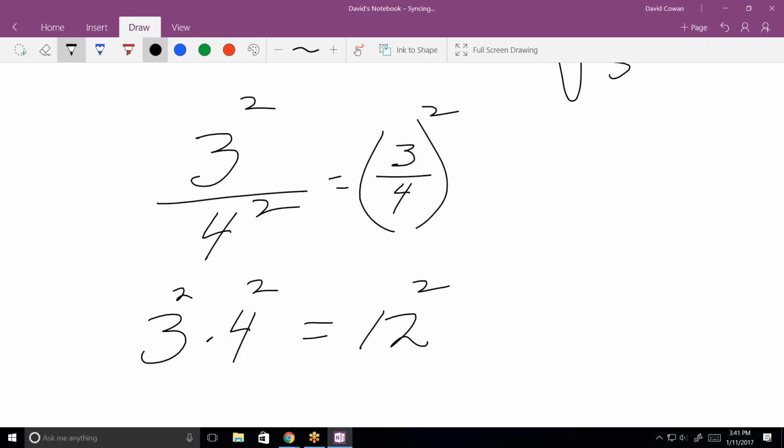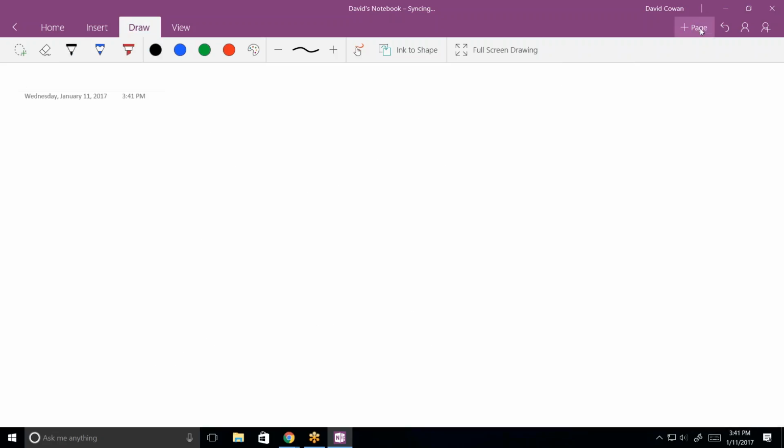Those are the only 5 rules I know with exponents. All right, what else you got? It's mostly a lot of repetition of the same stuff.